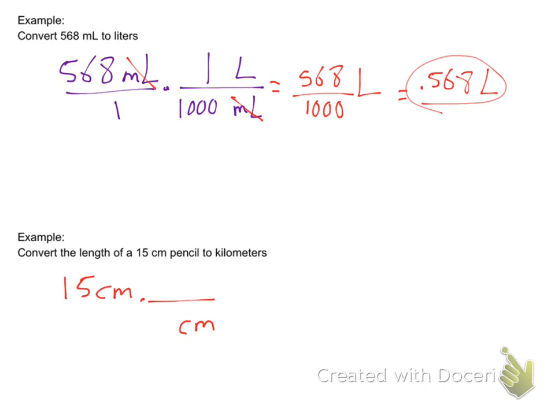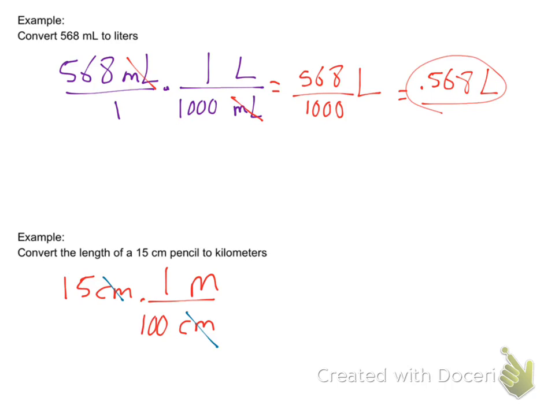We usually have to take an extra step in here, right? What's the extra step? To meters. And then you got to ask yourself, 1 meter is equal to how many centimeters? 100.